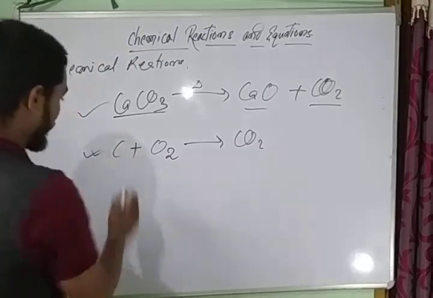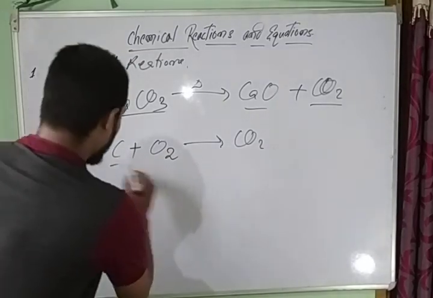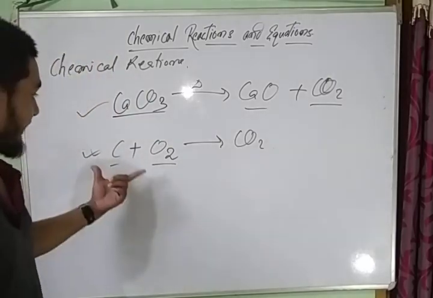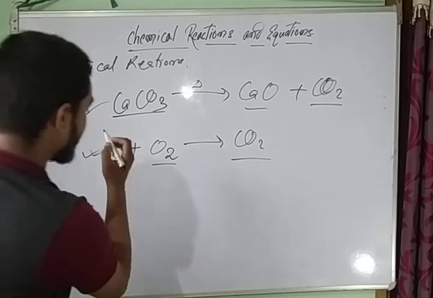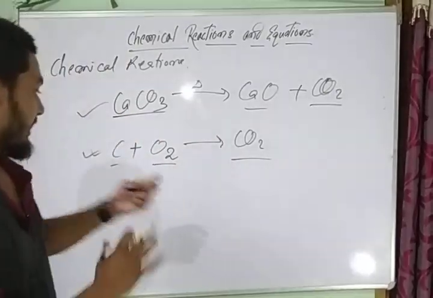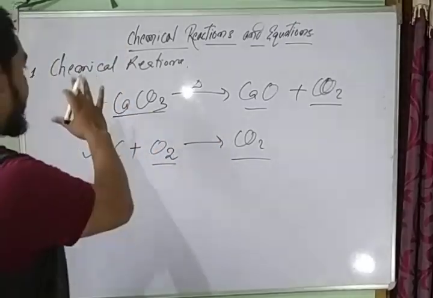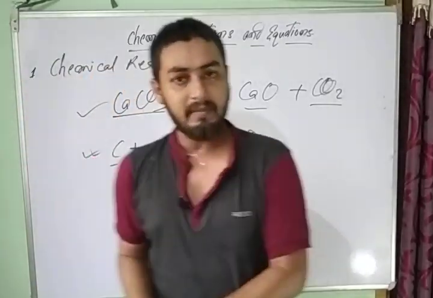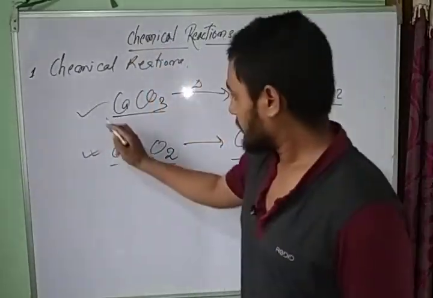But in this case, carbon and oxygen, two chemical substances, react together and form carbon dioxide. So carbon reacts with oxygen and forms carbon dioxide, and here a type of bond formation takes place. So chemical reactions occur either by means of bond formation or by means of bond breaking. Here are the two examples.